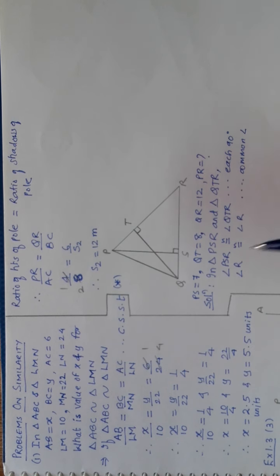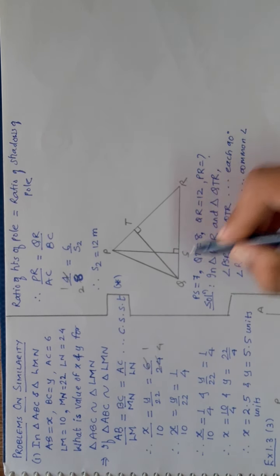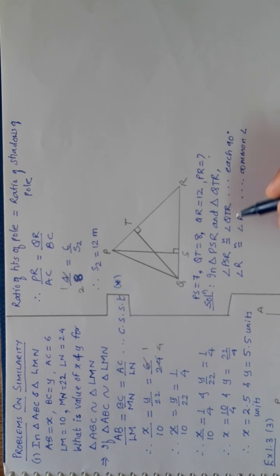So I will write it down. I have taken two triangles. Right now there is no relationship between them. So in this, angle PSR is 90 degrees, angle QTR is also 90 degrees, so both are congruent, and angle R is congruent to angle R, which we have discussed already.